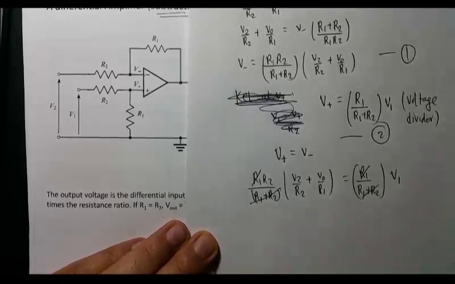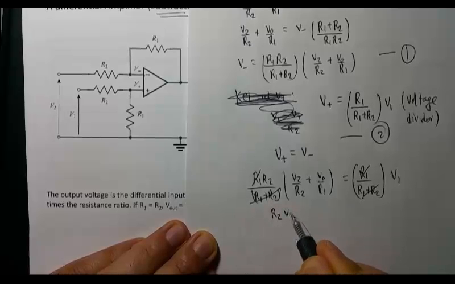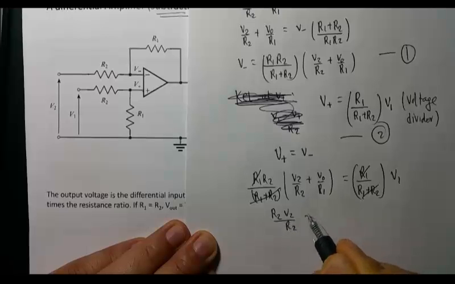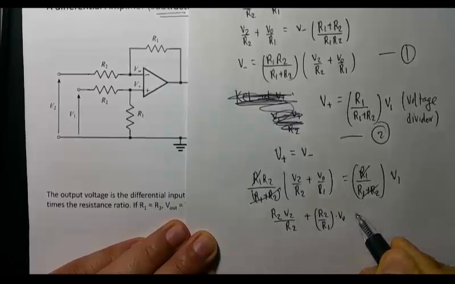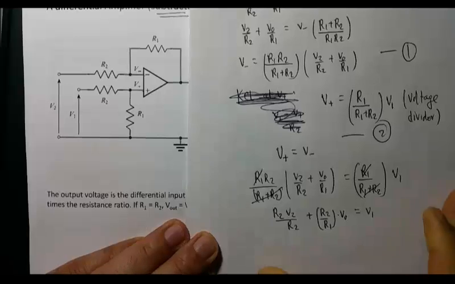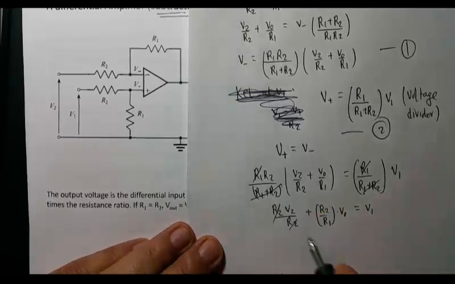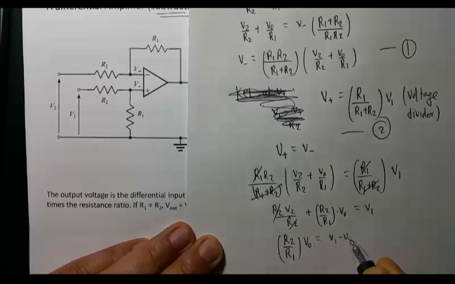And I'm solving for V out. So you still have R2 here. So R2 V2 over R2 plus R2 over R1 times V out is V1. And this will cancel out. So R2 over R1 V out is equal to V1 minus V2, right?